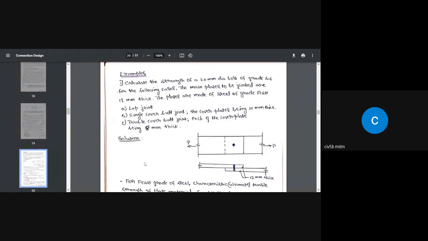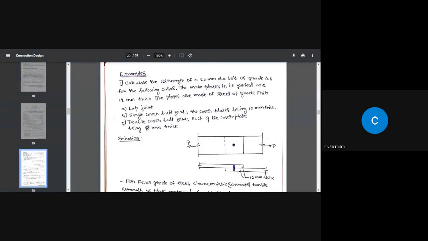Okay, let us take up the first case. It says calculate the strength of a 20 millimeter diameter bolt. Look here, there is only one bolt, but in reality you are not going to provide just one bolt. You have to provide at least 2 bolts in any joint, and of course more depending on the design requirements.